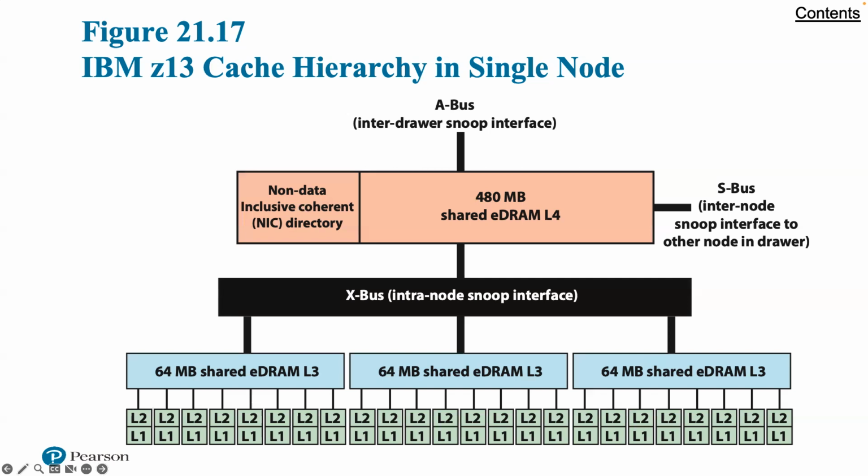This means relatively large distances exist between the higher level caches in the processor and the L4 cache content. Still, accessing L4 cache data on another node is faster than accessing DRAM on the other node, which is why the L4 caches work this way.